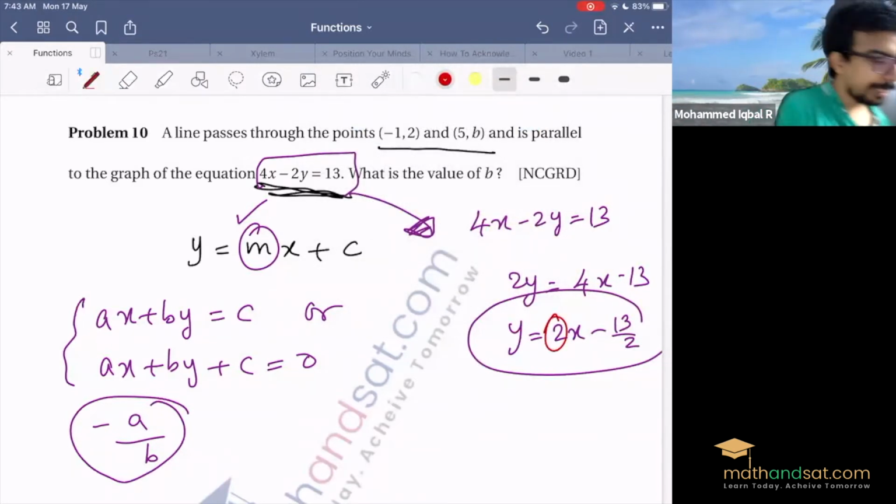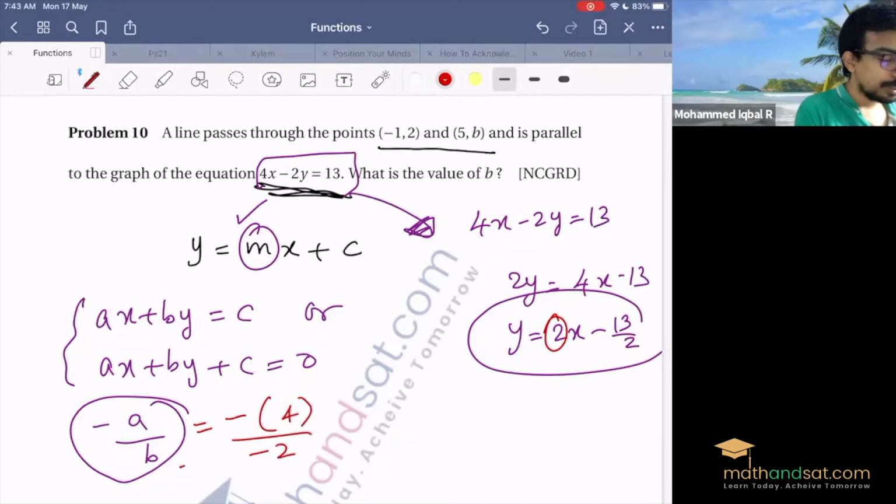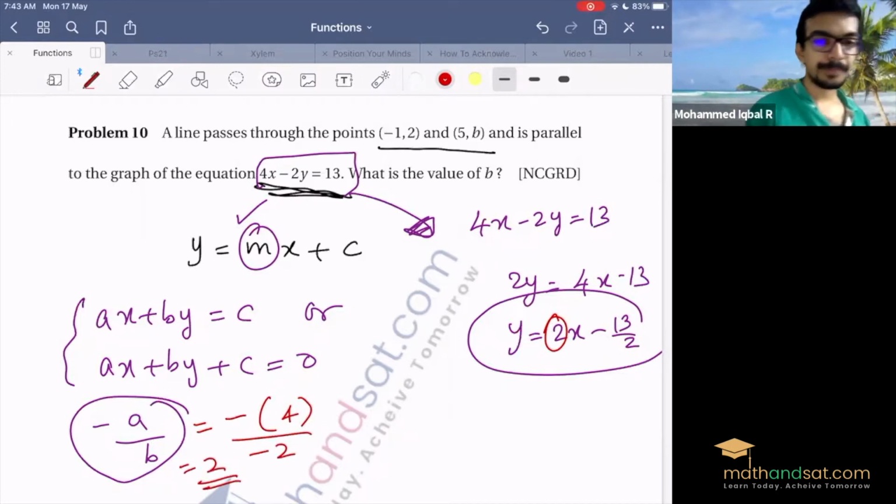Otherwise, to directly get the slope, this is minus of 4 over minus 2, which is 2. So 2 is the slope of the given line in the question.